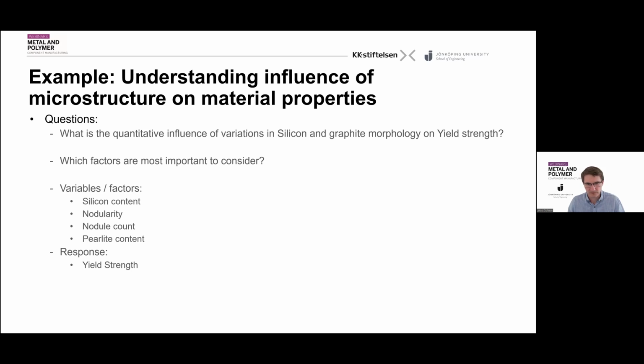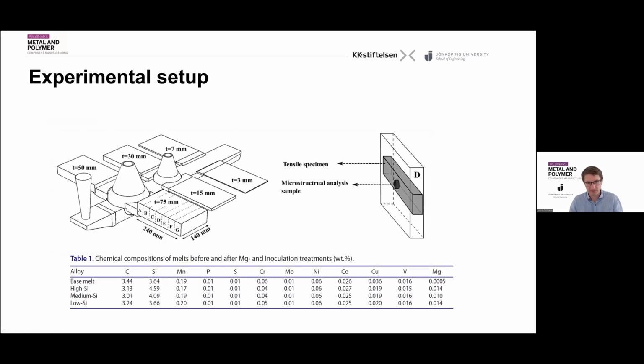So in order to investigate this, we set up an experiment. We cast this geometry that you see here in the picture to the left. It's quite a large casting, which contains several different thicknesses. As you can see, there are different plates going out from this geometry with different thicknesses, which means that we have different cooling rates.